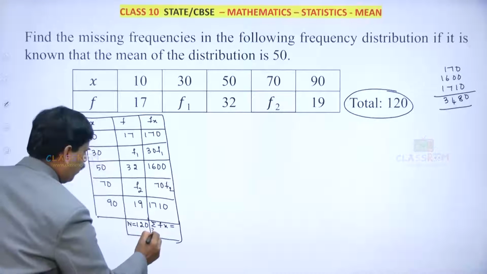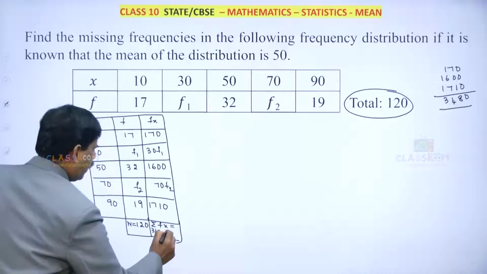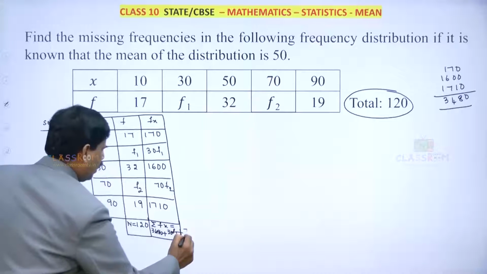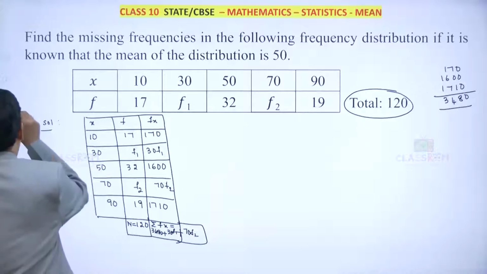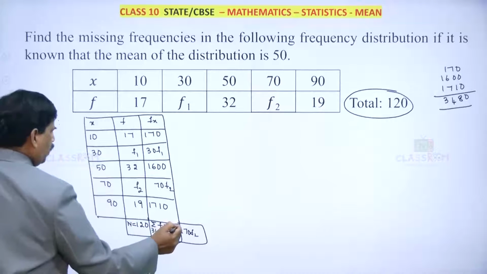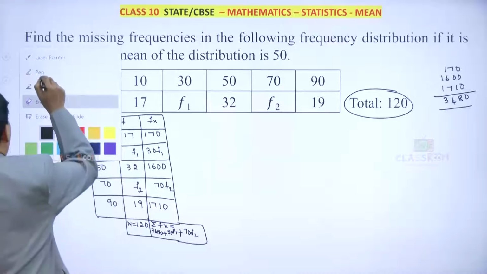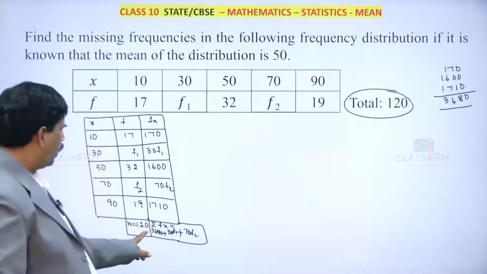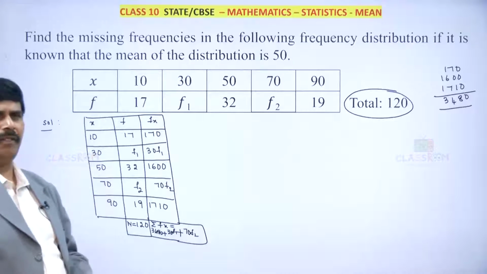So this is 3480 plus 30 f1 plus 70 f2. Okay, children? So this is your sigma fx: 3480 plus 30 f1 plus 70 f2.